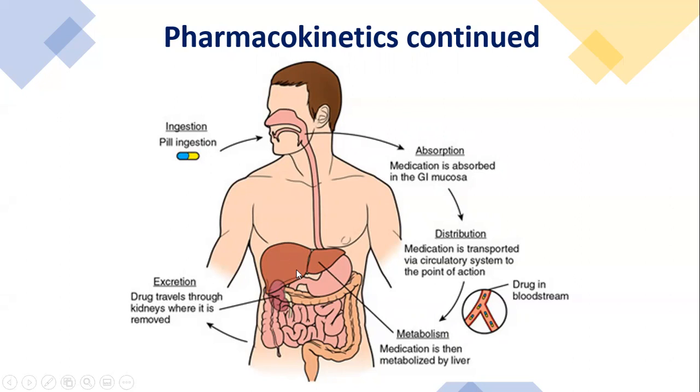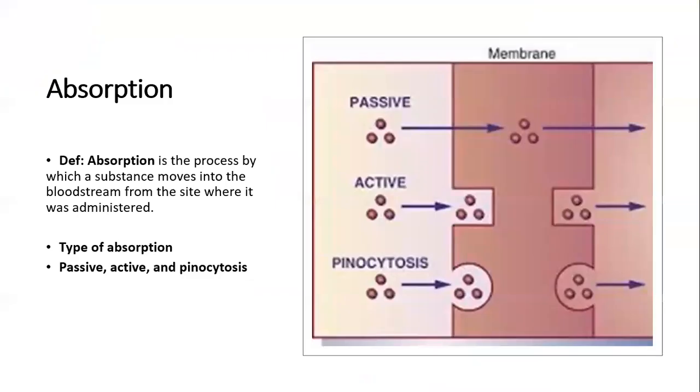Maybe the liver is the point of action. And then it goes for metabolism. Medication is then metabolized by the enzymes inside the liver, or hepatocyte. Finally, it is ready to excrete. The drug travels through the kidney, where it is removed from the body.